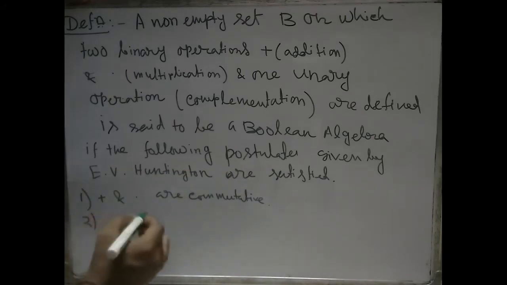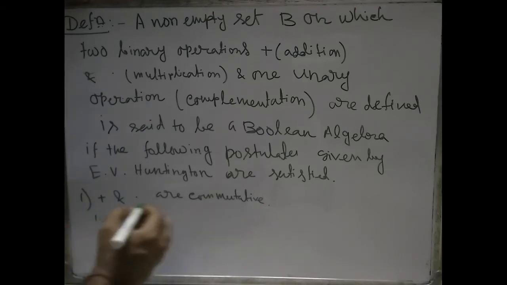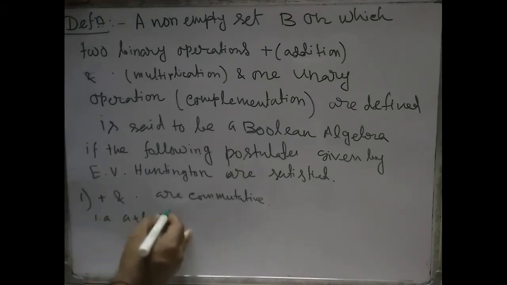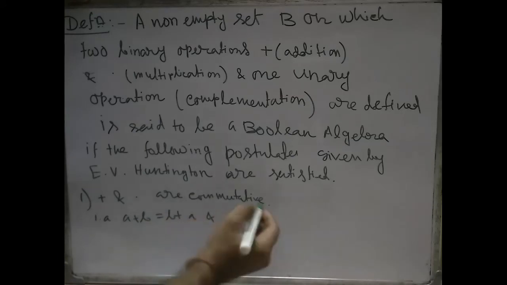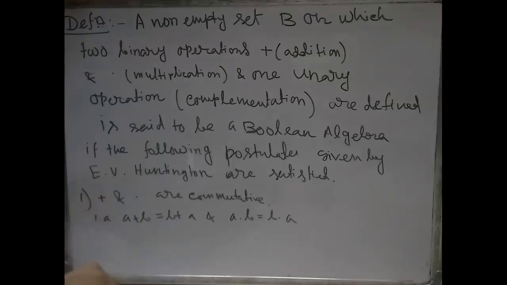That is 1a: a plus b is equal to b plus a, and a dot b is equal to b dot a. You all know what commutativity is.